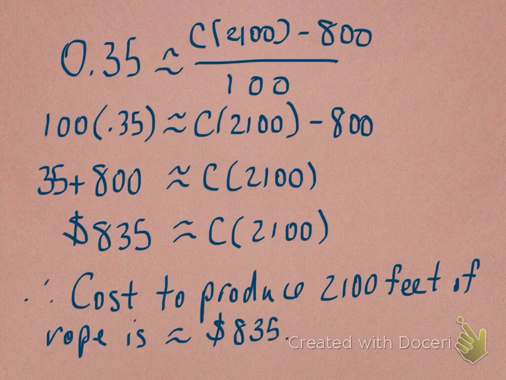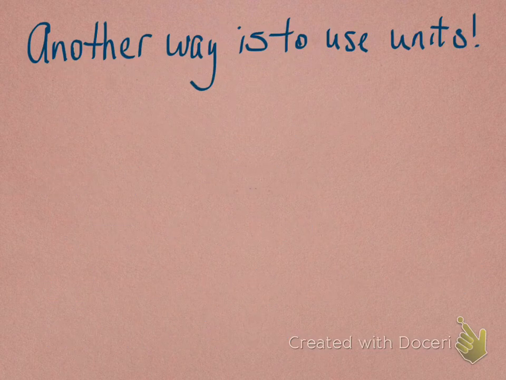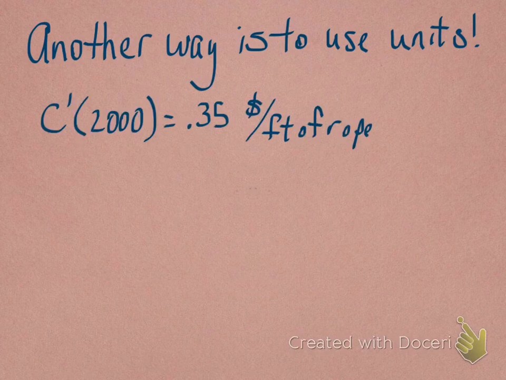But there's another way to find an estimate for C of 2,100, and that's to use the units of the derivative. C prime of 2,000 equals 0.35. The units on that are dollars per foot of rope.